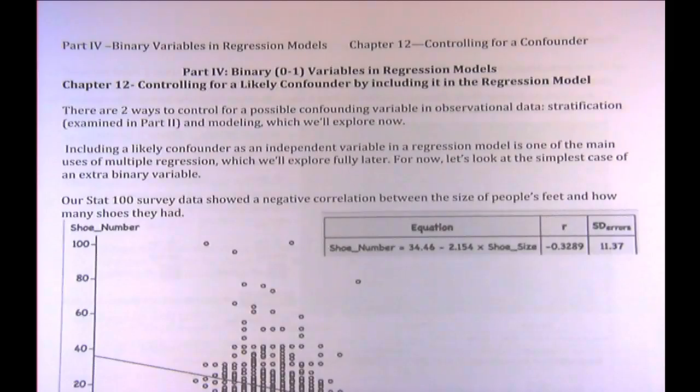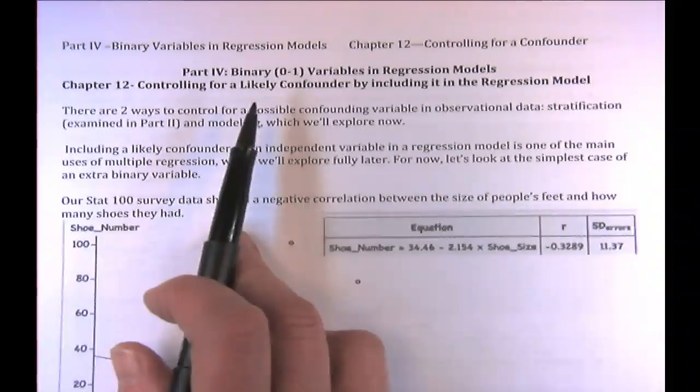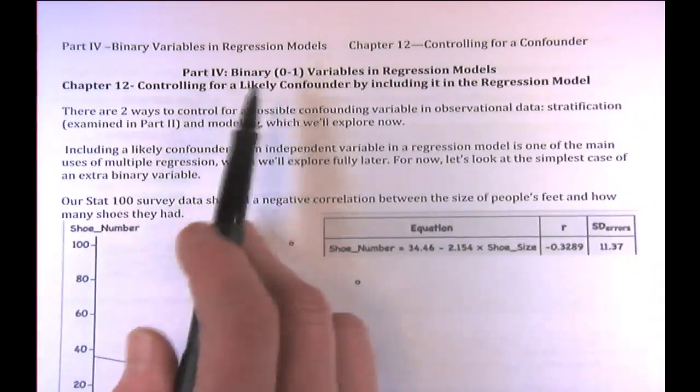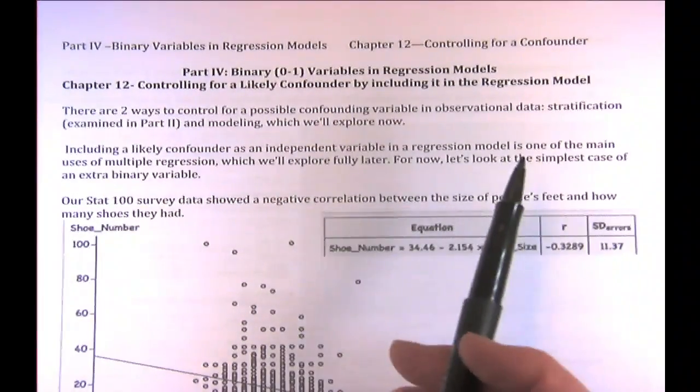So the simplest way, I think, to introduce multiple regression is to introduce a super simple predictor that's a binary variable, a 0-1 variable. Okay?